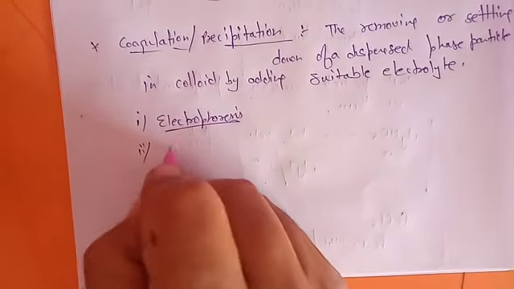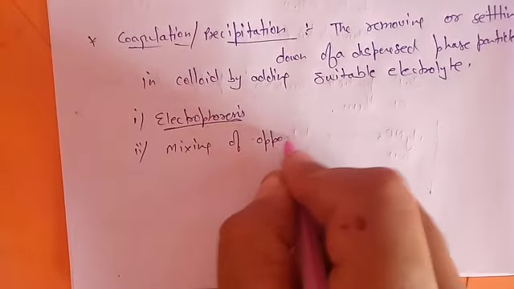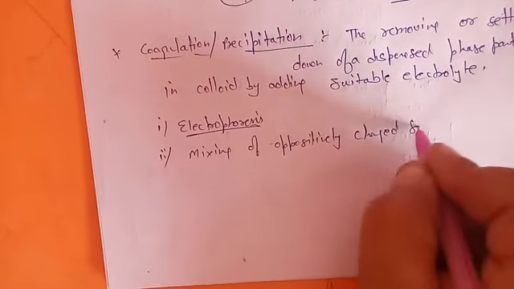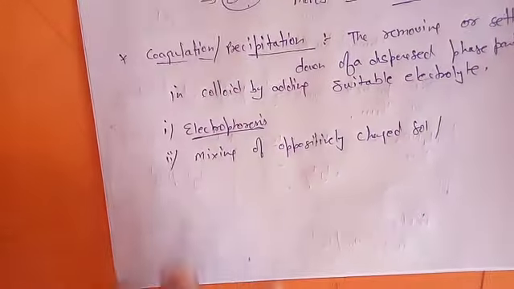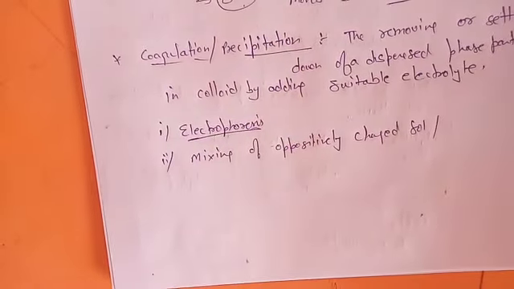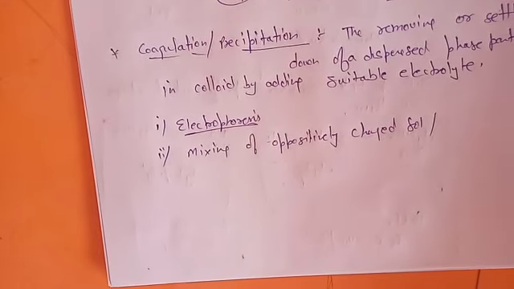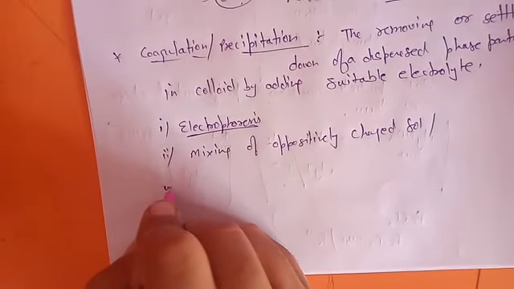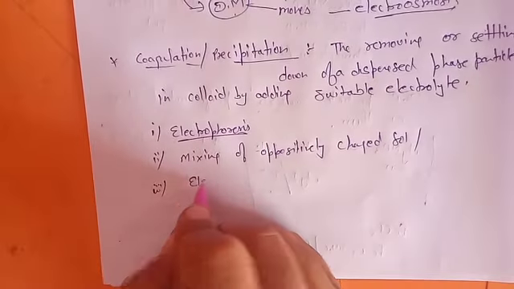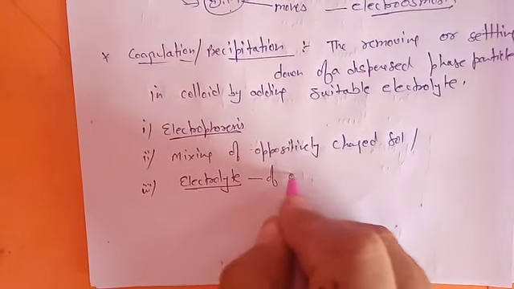Second, mixing of oppositely charged sols. One is positively charged, another is negatively charged. You simply mix them, they neutralize each other, and hence coagulation takes place. The precipitation occurs in that case also. Now the third method, which is quite important, is that you can use an electrolyte of opposite charge.